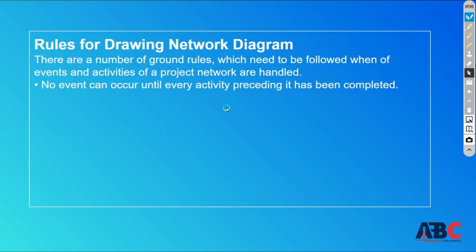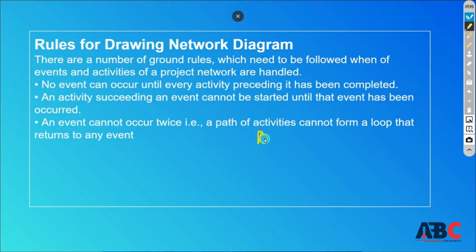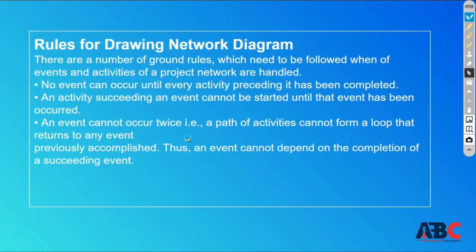And if an activity is a successor, it can't start until the previous activities are complete. You can't repeat the same event again and again. For example, you had an activity called A which you completed, but you can't repeat the same sequence or loop in it. This is a rule of the network drawing.